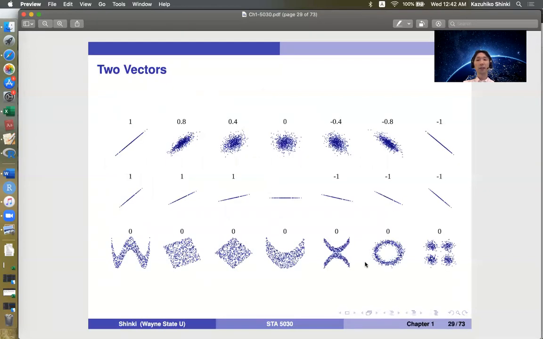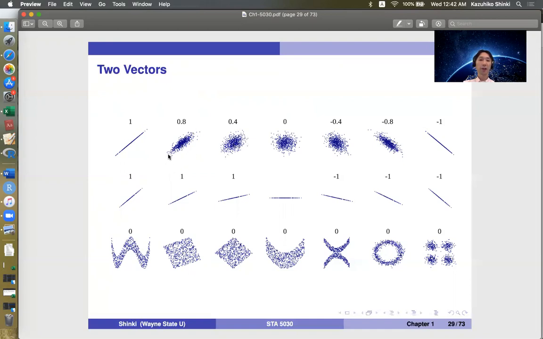These examples show the idea. At first, maybe we can see the upper graphs. If the correlation coefficient is 0, a larger x does not mean a larger y or a smaller y. If the correlation coefficient is 0.4, we have some weak tendency that when x is larger, y is also somewhat large.